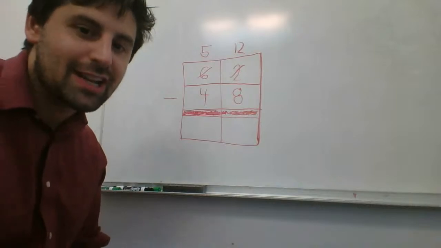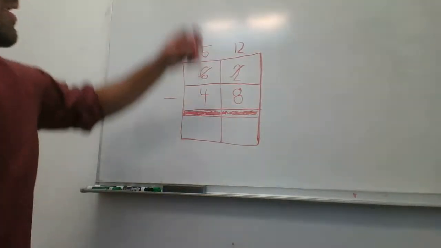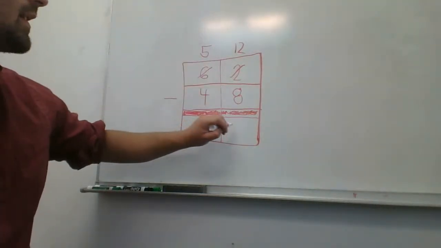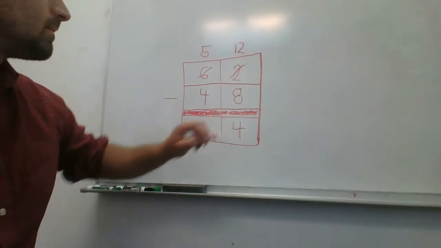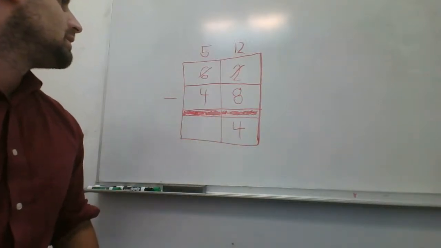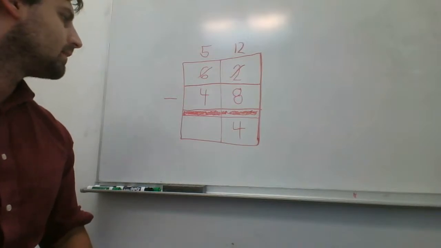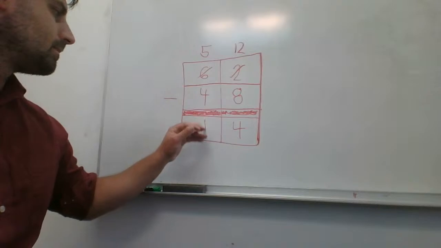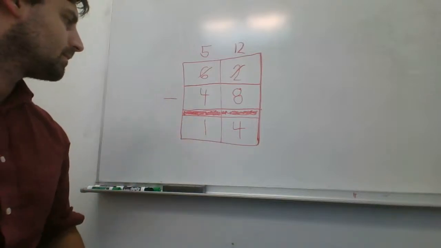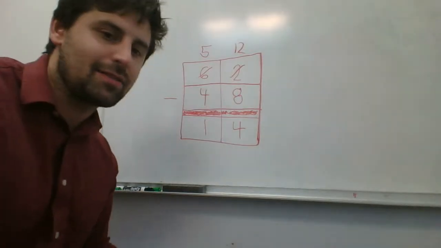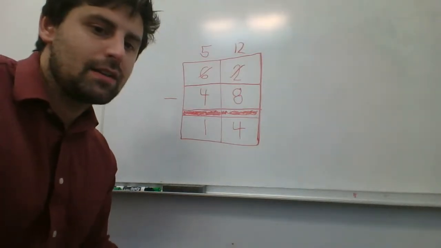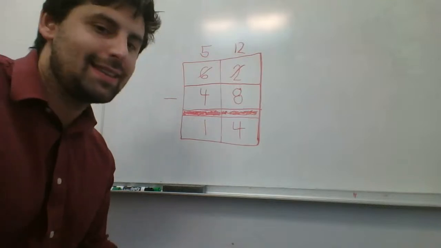Now subtraction is possible. 12 minus 8 equals 4. 5 minus 4 equals 1. And we have our final answer. 62 minus 48 equals 14.